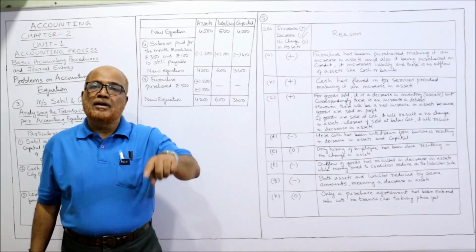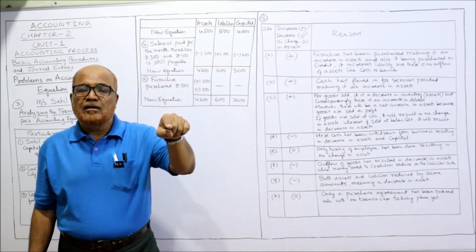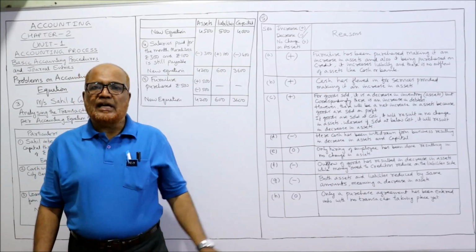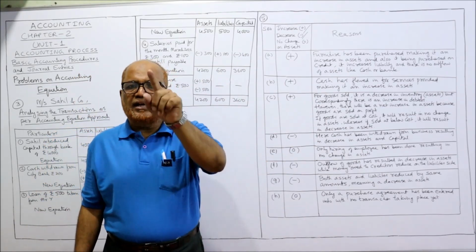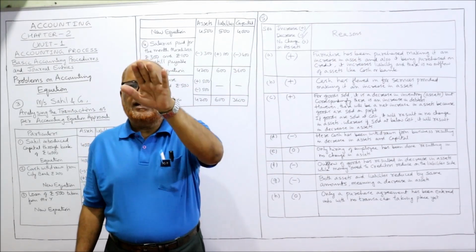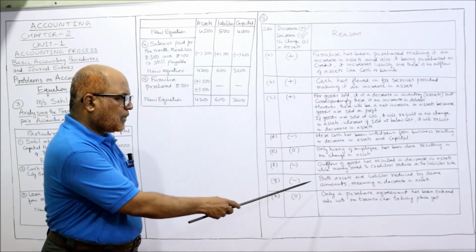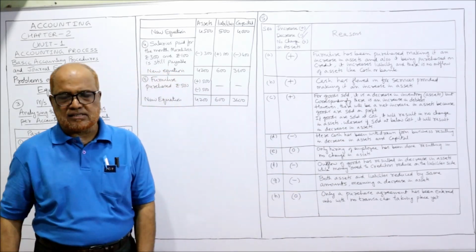At the same time, liability will also reduce because one of our creditors to whom we are not paying, one of our debtors is paying. So the effect of this transaction is debtor decreased, creditor decreased. When debtor is decreased, our assets are decreased. Both assets and liability reduced by the same amount, meaning a decrease in assets.